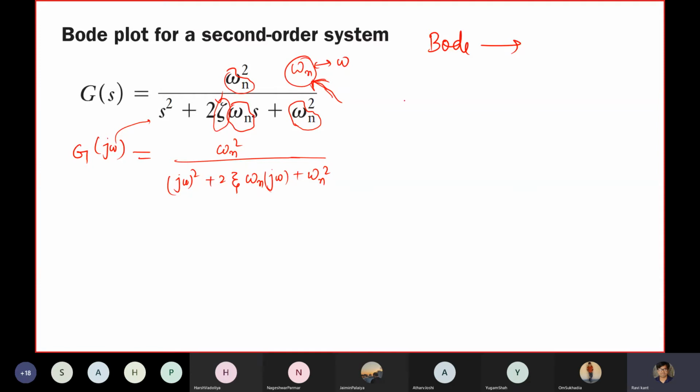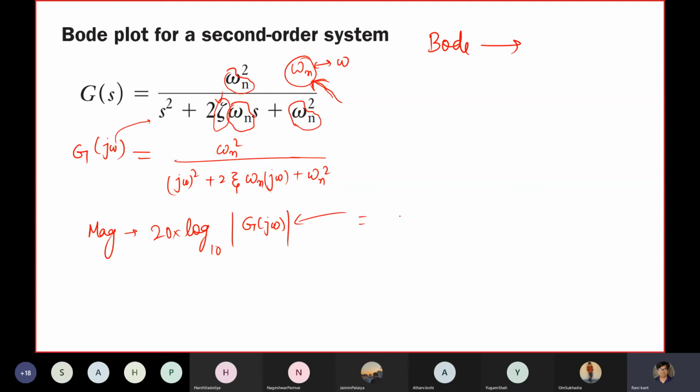Okay, and when we try to plot the magnitude, so magnitude is 20 times log base 10 of mod of G(jω), and when we do this properly, we get the expression something like this.